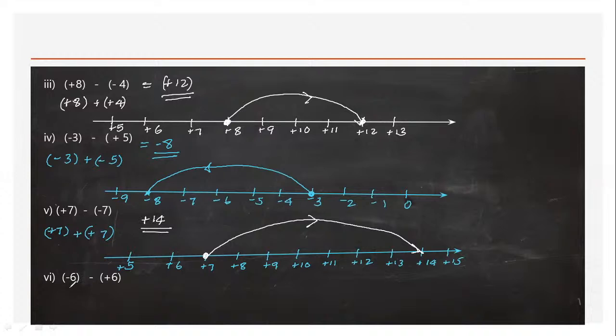Right. Next sum. Minus 6. Instead of writing minus, we can write positive. And here the additive inverse of plus 6 is minus 6. Now let's draw the number line.